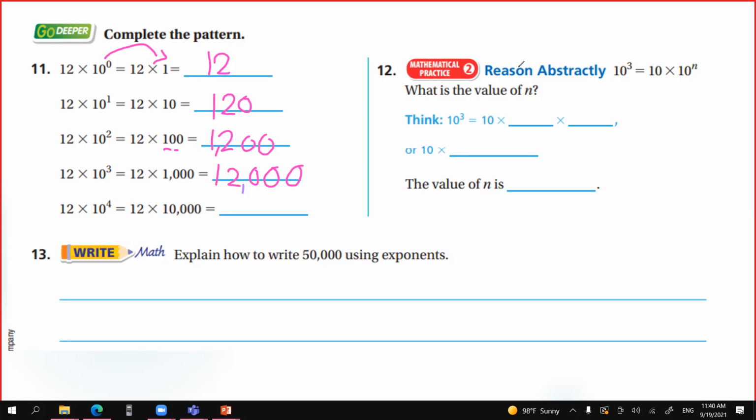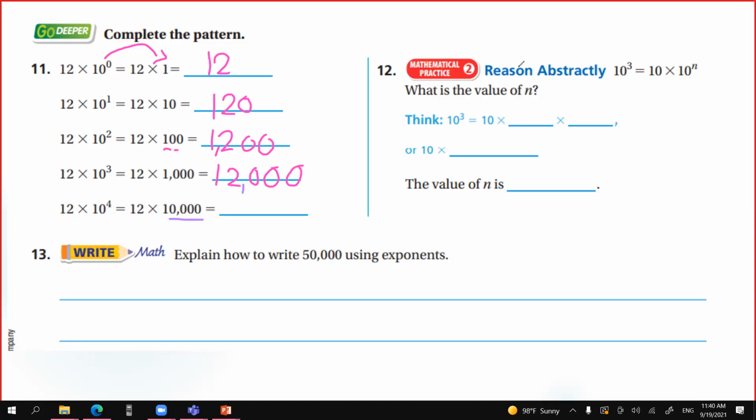Yes, Lana. 12 to the power 2 times 10 to the power 4. It means 12 times 10,000, because here we have 10 repeated 4 times, which is 10,000.